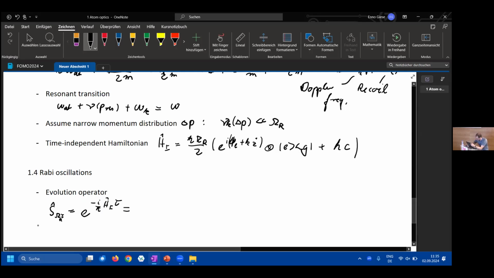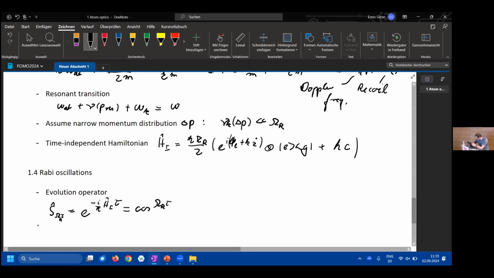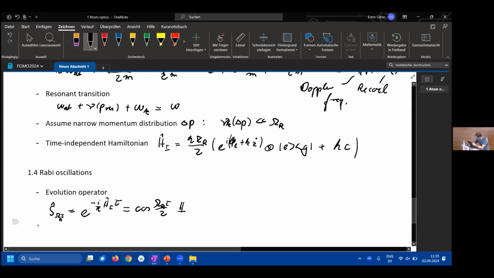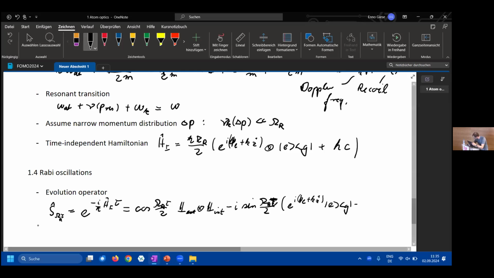And if we do that, we find that it's cosine of omega Rabi times tau over 2 times the identity acting on the external degrees of freedom times the identity acting on the internal degrees of freedom, minus i sine of omega Rabi times tau over 2 times e to the i phi L plus k z times the excitation, plus h.c. Okay?